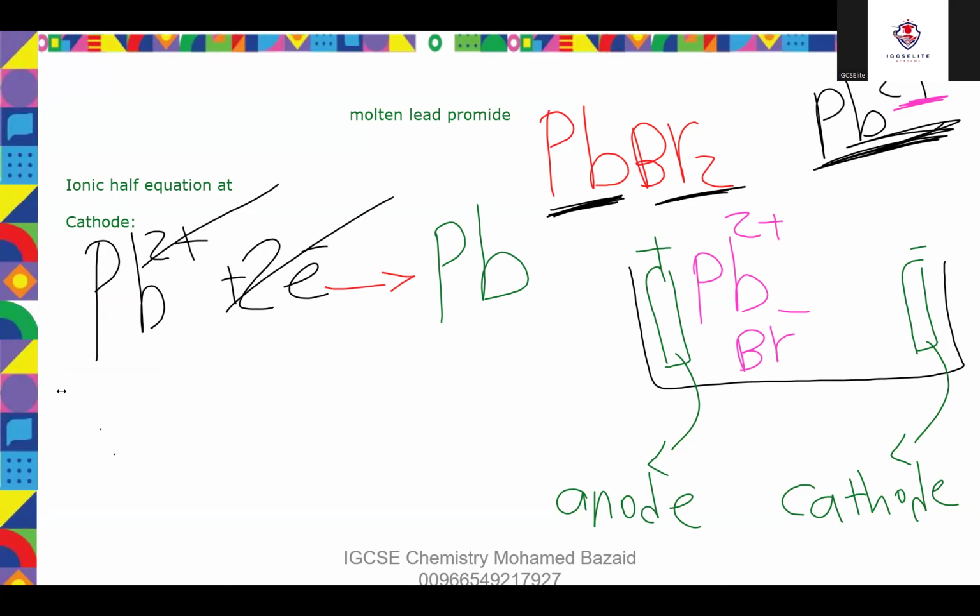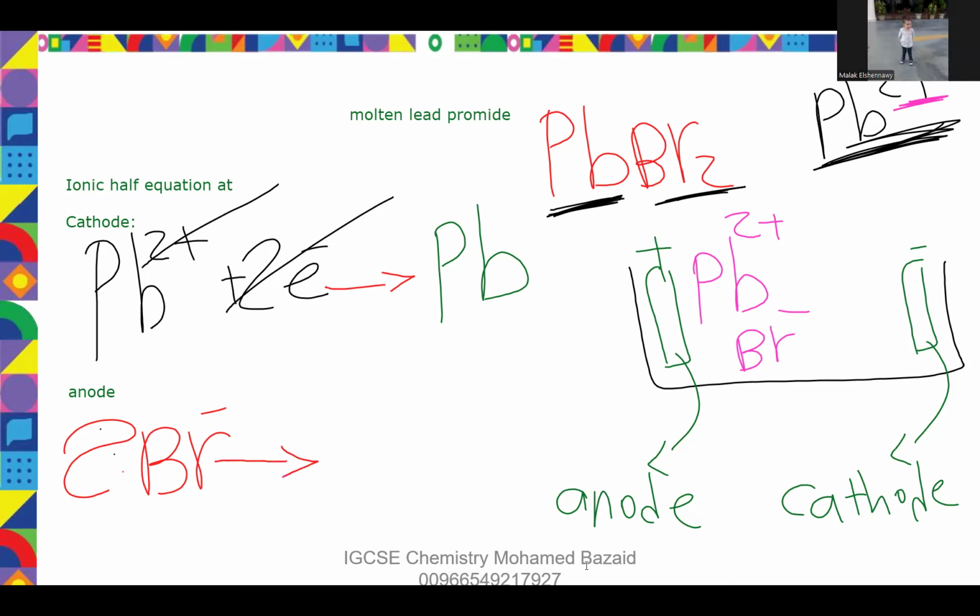Okay, so at the anode, the same idea. At the anode, you have Br negative. But how many Br do I have to write here? 2 Br negative. This is called bromide, because it has a negative charge. This is not bromine, this is bromide ions. Then it equals Br2 plus 2e negative.